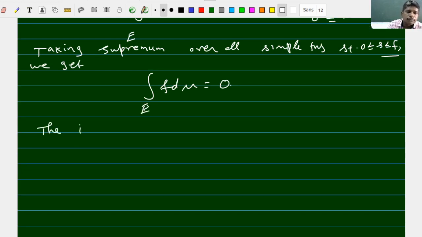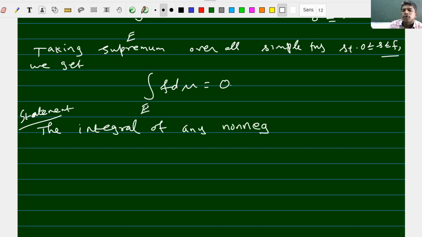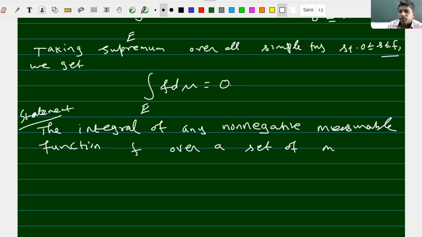The statement is this: the integral of any non-negative measurable function f over a set of measure 0 is 0. The integration value is 0.